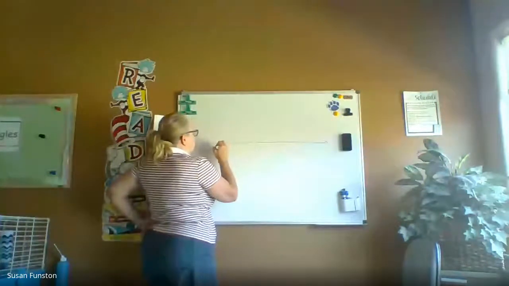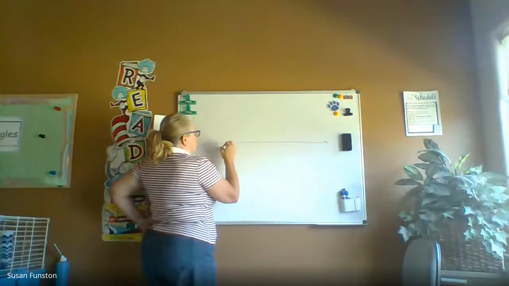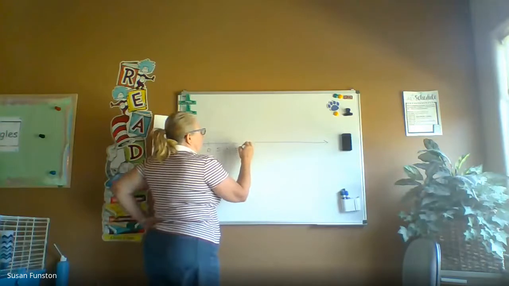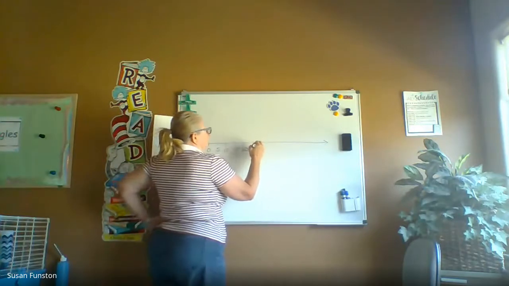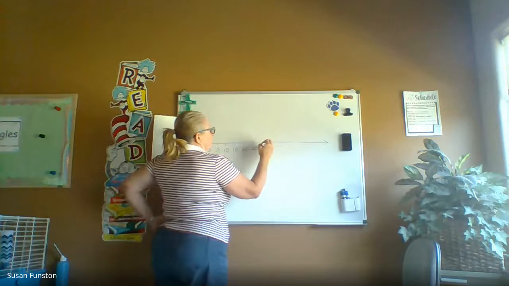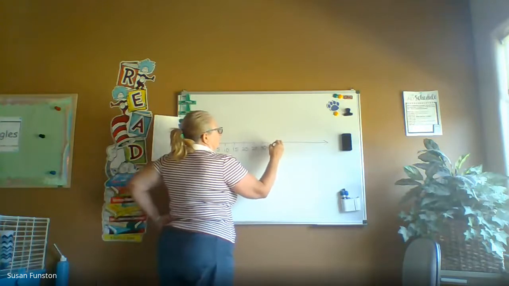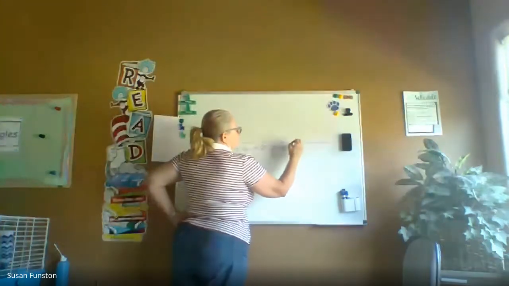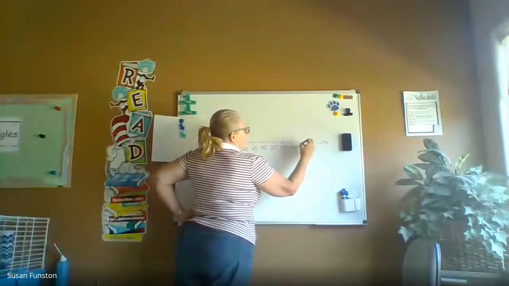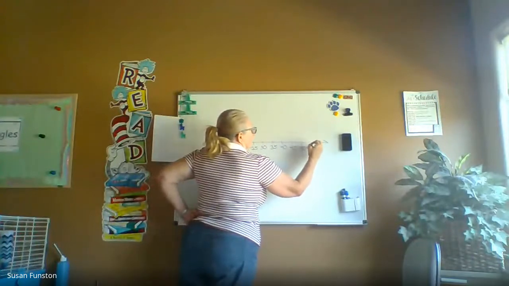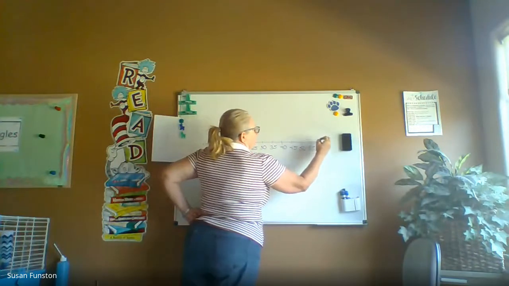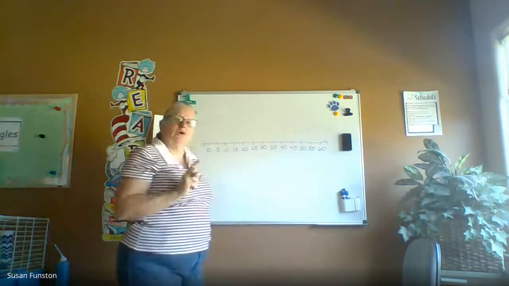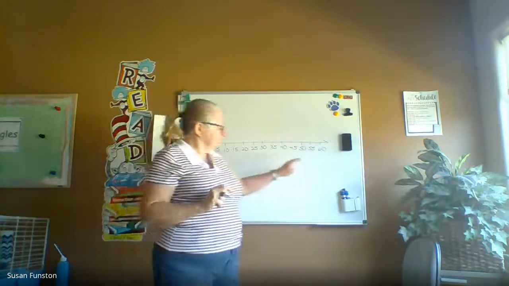So here's 5, 10, 15, 20, 25, 30, 35, 40, 45, 50, 55, and 60. So this is a number line showing 1 hour from 0 to 60 minutes.